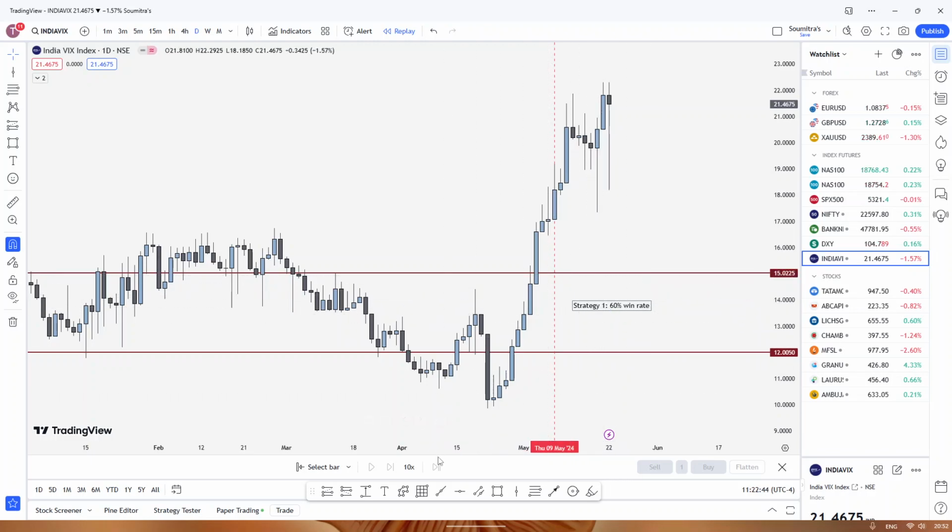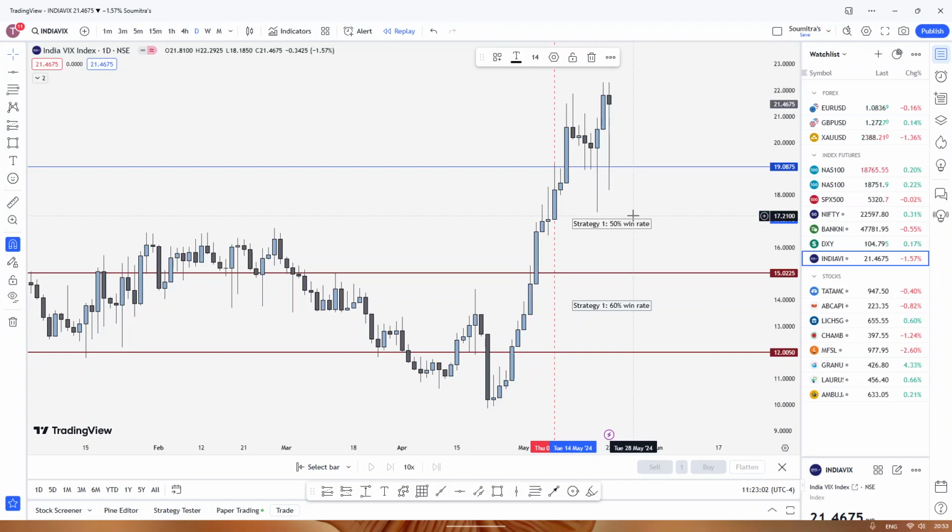Once it goes beyond this level, from 15 to 19, this 60% win rate will drop. By how much I don't know, but it will drop. It will be something like 50% or 40%.